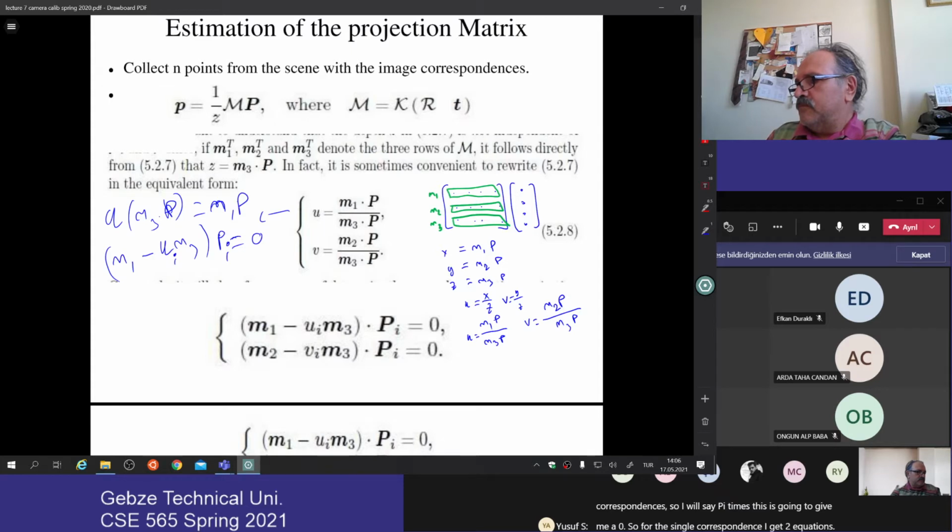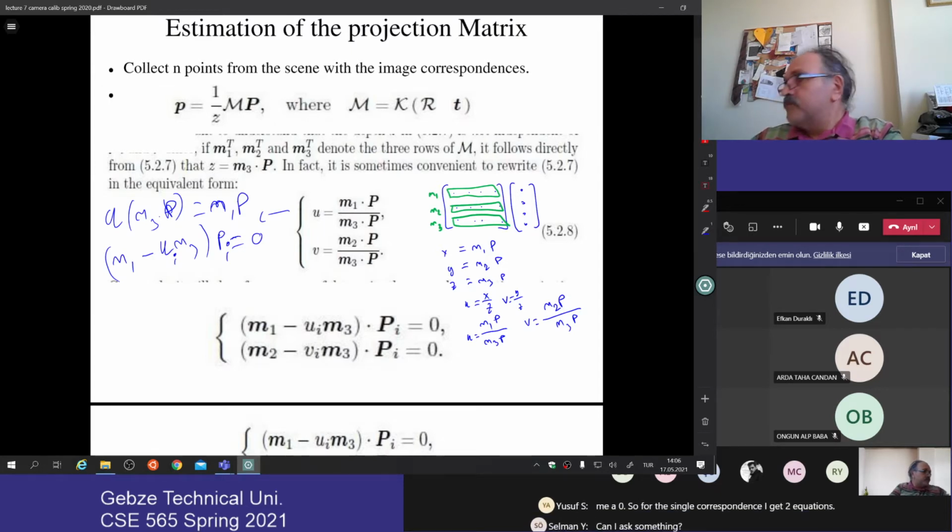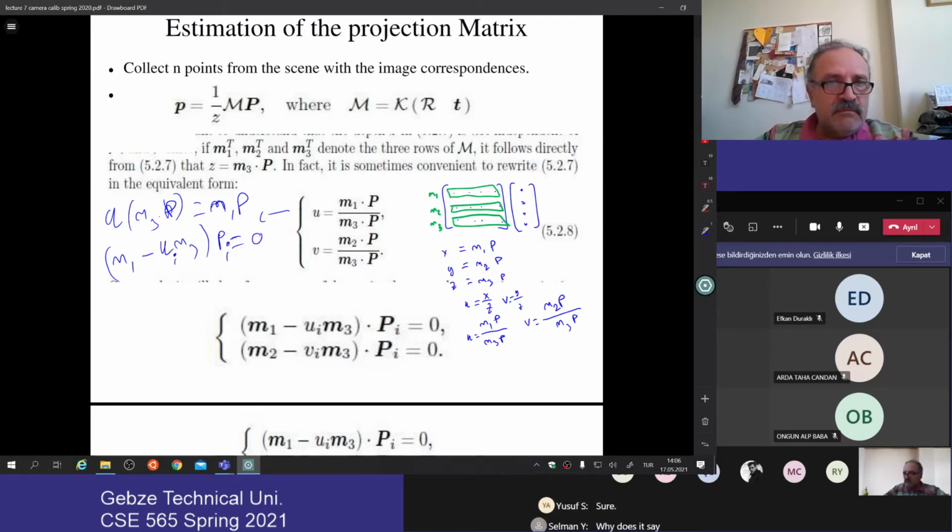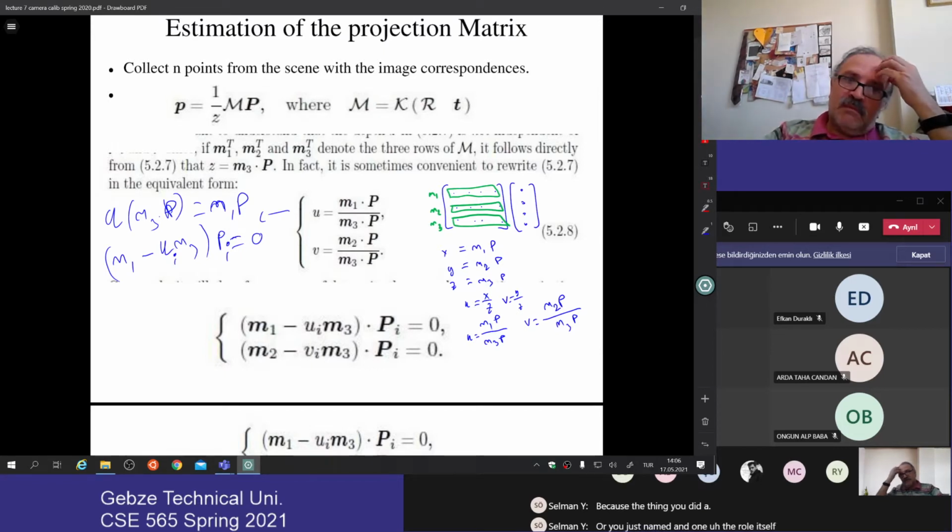Can I ask something? Sure. Why does it say in the slides that M1T and M2T, the transpose of them, are equivalent to the rows? Because the thing you did was, you just named M1 the row itself, but your equations seem to be more correct.